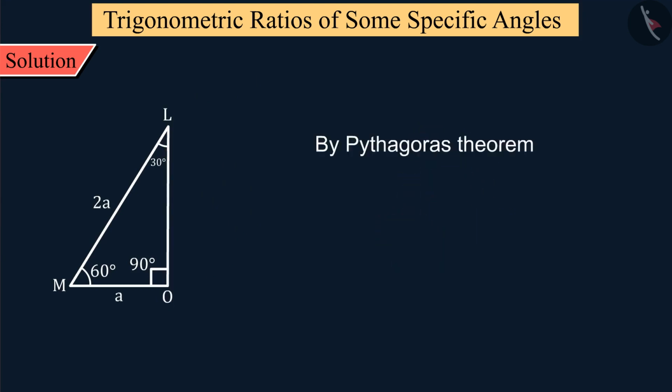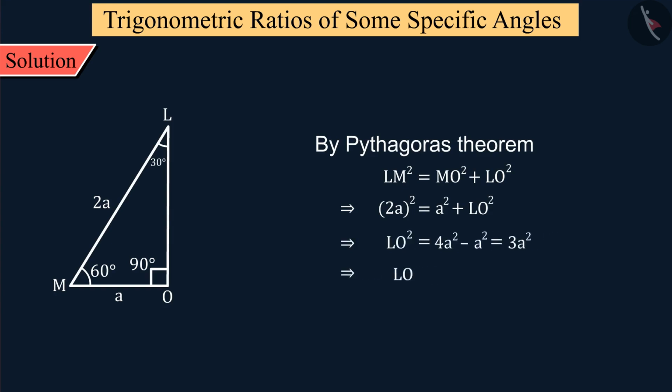Absolutely right. Using the Pythagoras theorem in the triangle LOM, the length of side LO, that is the perpendicular, is equal to A square root of 3.